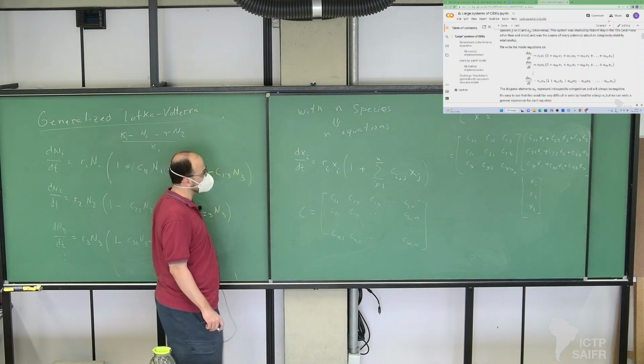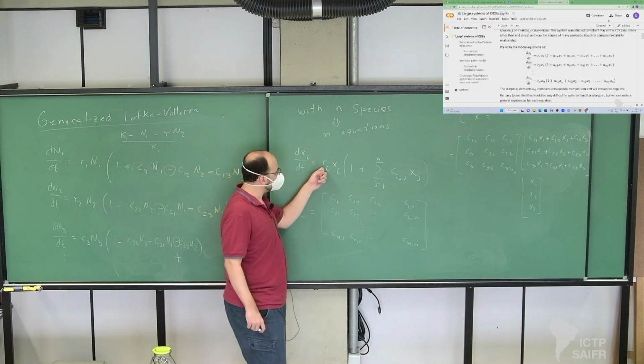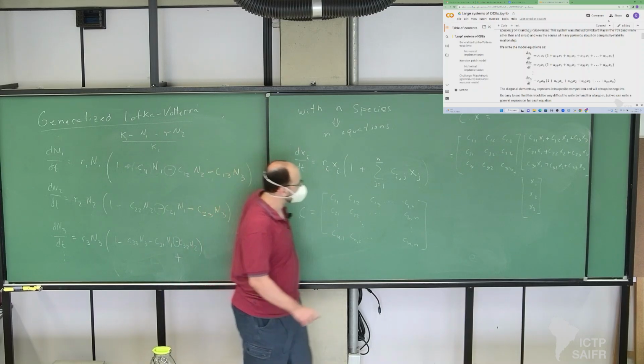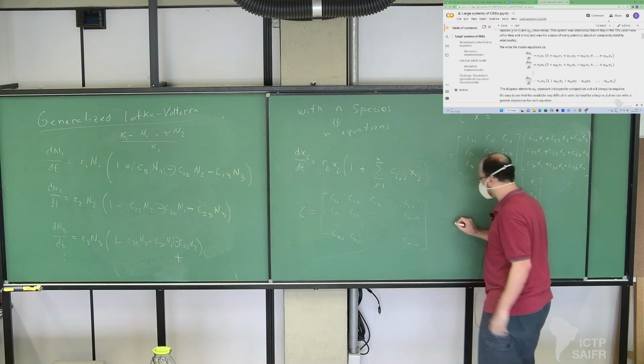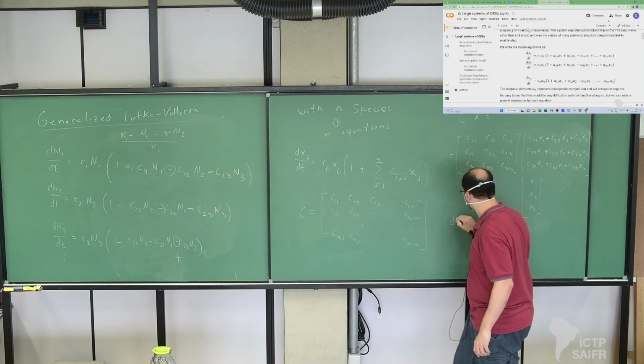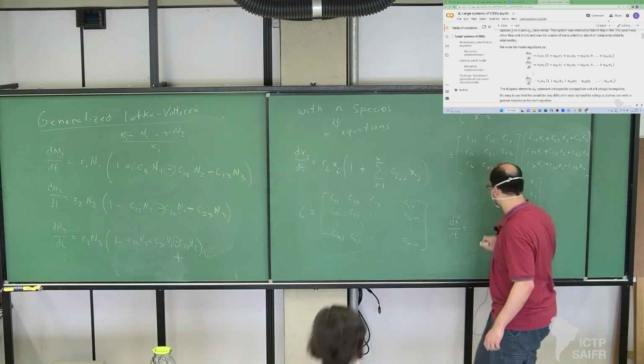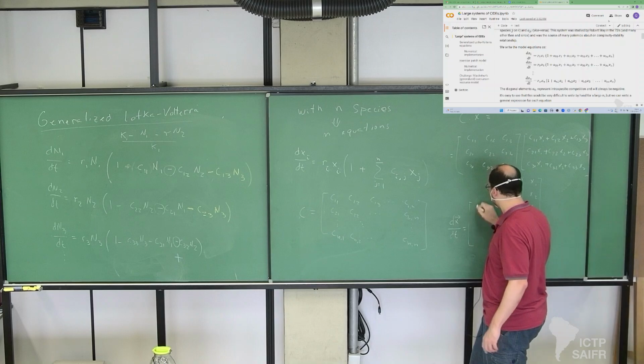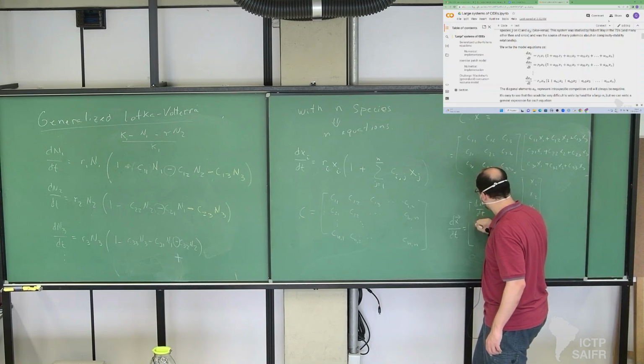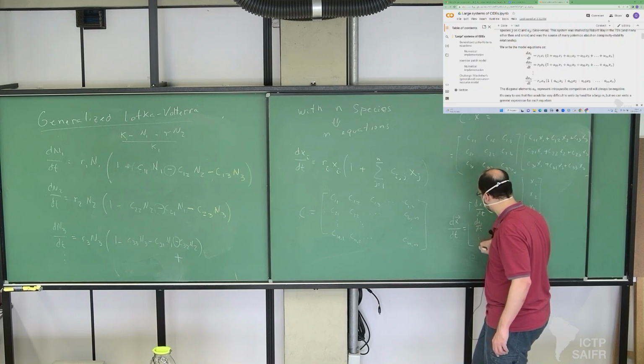So I have here, I have to multiply. If I want to write now dx/dt, what is this? It is a vector that is g_x1 dt, g_x2 dt, and so on until g_xn dt, right?